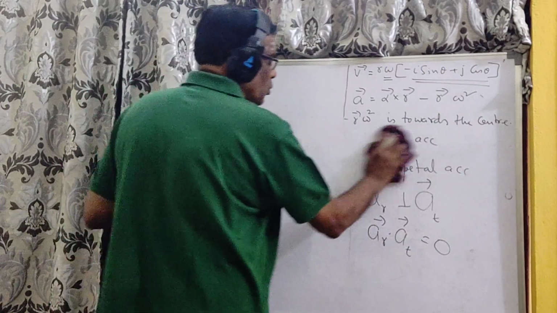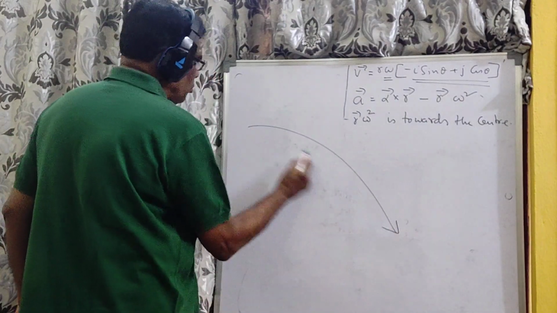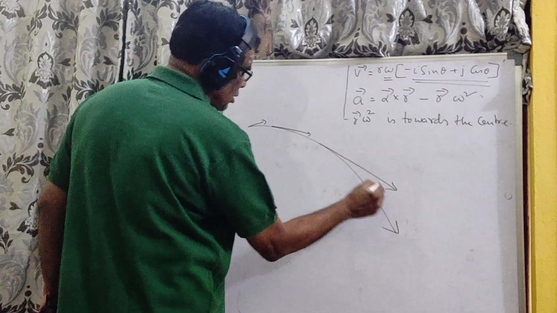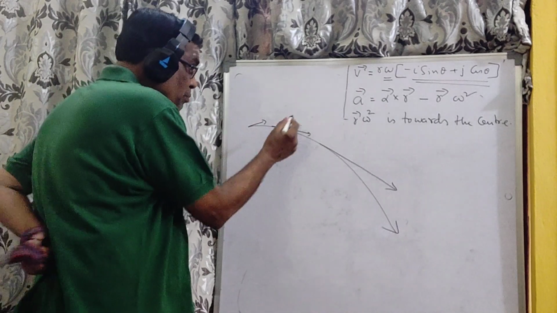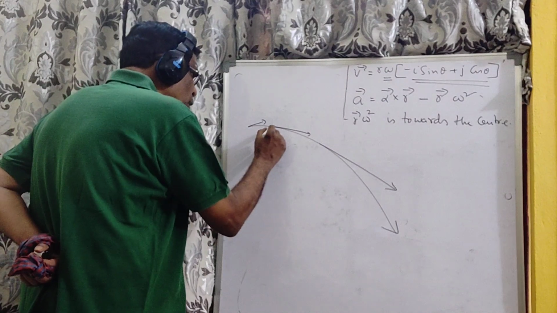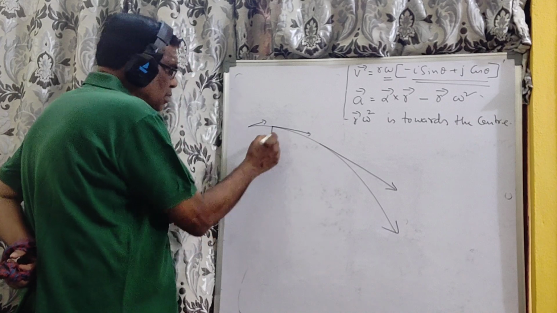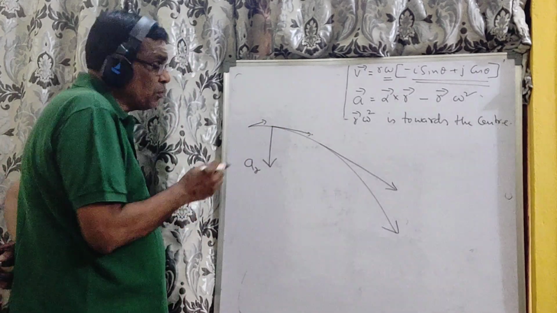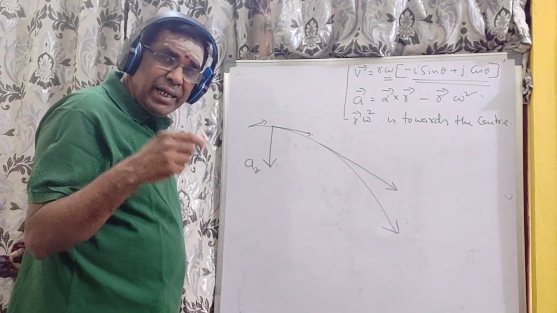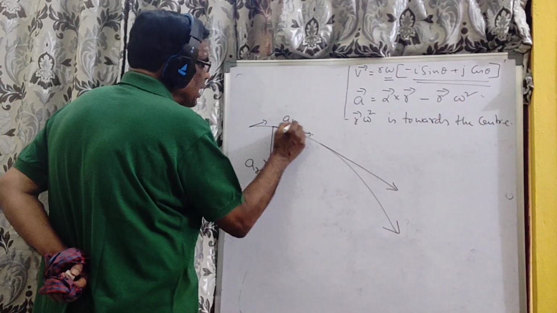I will give you, for example, this is a motion. Maybe 5 meters per second, 10 meters per second, 50. What is happening here? Curvilinear motion. Therefore, at any point if I take, this is AR, perpendicular to V bar. What is happening to the magnitude? Increasing. If it increases, AT is along the velocity. So this is AT.